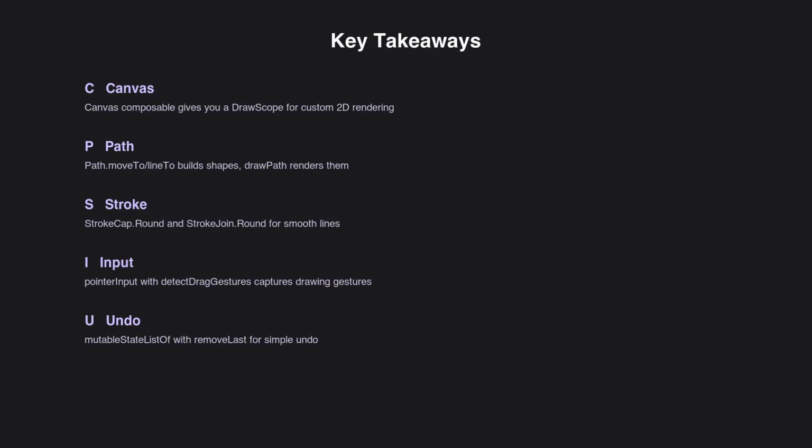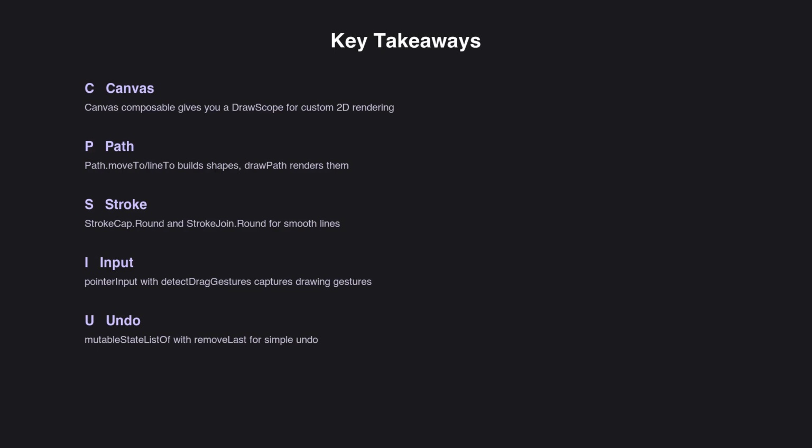Five key takeaways from today's lesson. Canvas. The Canvas composable gives you a DrawScope for custom 2D rendering. Path. moveTo and lineTo build shapes.